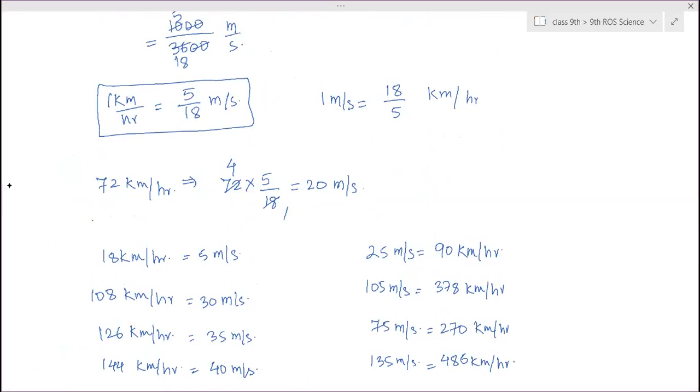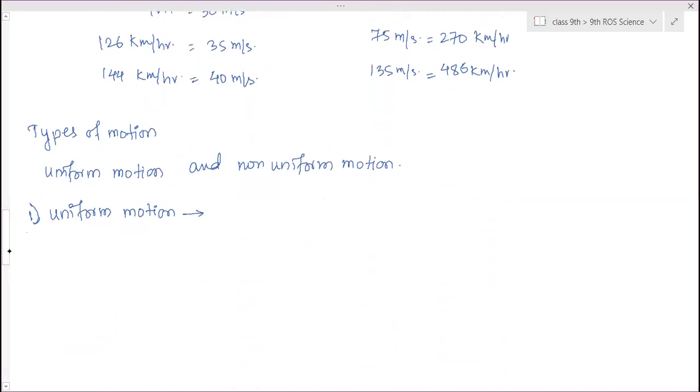Uniform motion means constant. So the type of motion in which an object covers equal distance in equal intervals of time. Keep on checking the equal intervals.